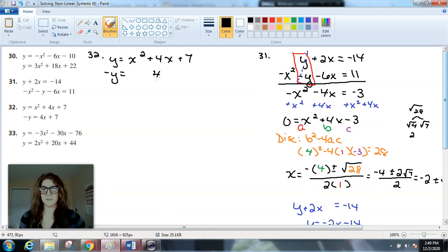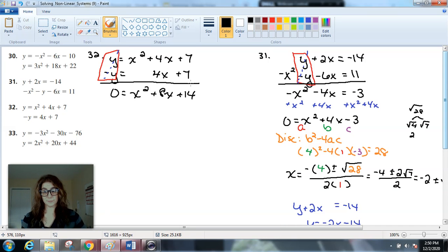So there's no x squared in the second one. So we're going to make sure we line them up because now, again, I notice, beautiful, those are going to cancel, positive y, negative y. So we get 0 equals x squared plus 8x plus 14. Again, I can try and factor this, but there are no factors of 14 that add to 8.